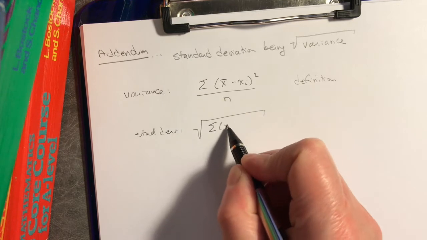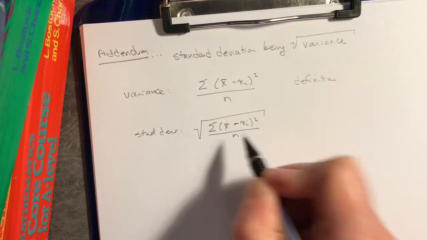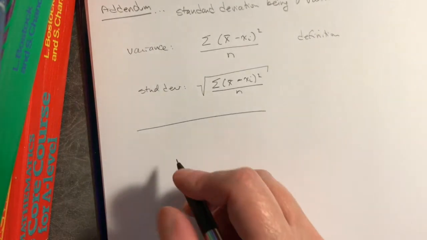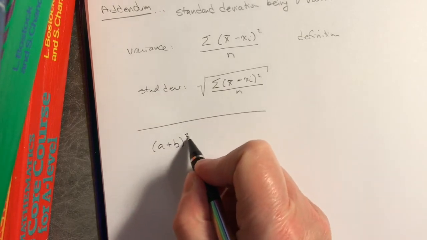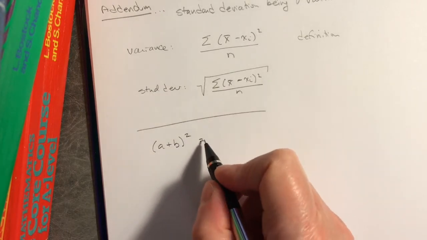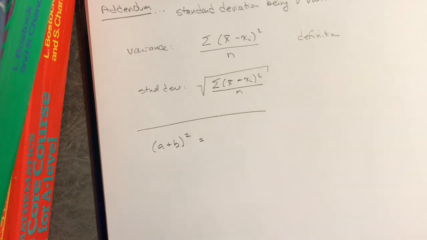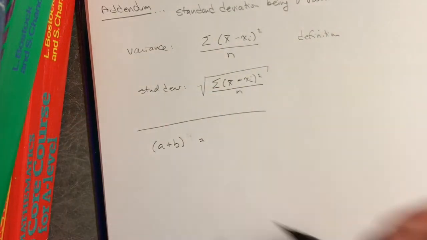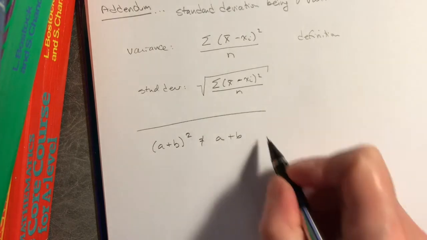And it's a little bit of a cheat. What I mean by that is we spend a lot of time at GCSE and sometimes at A-level yelling very loudly that that's not true.